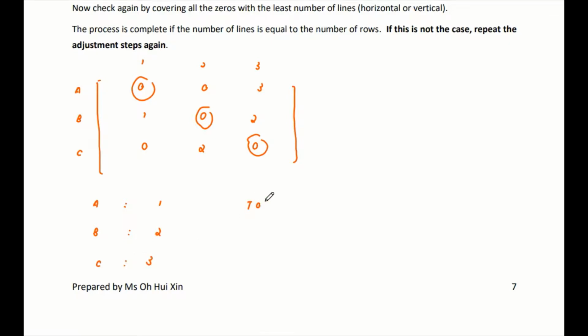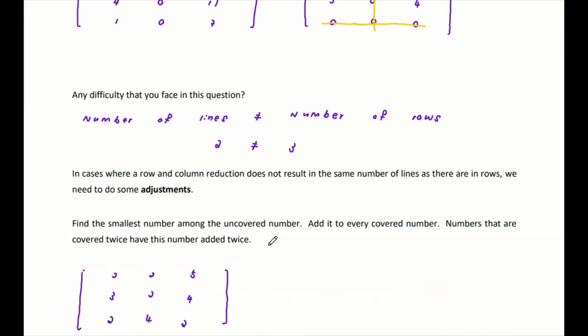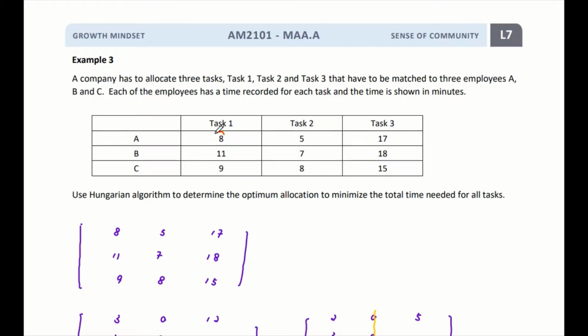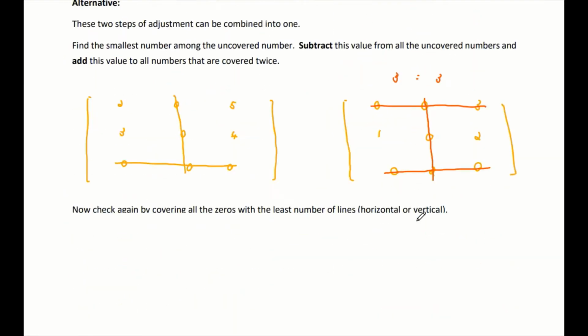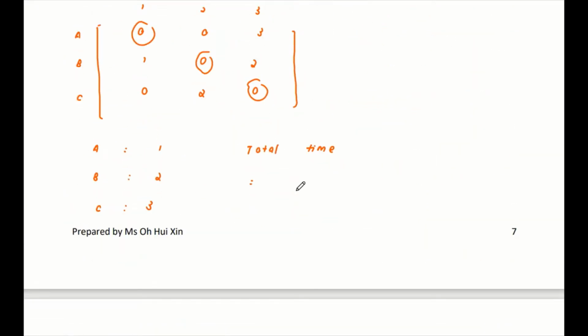And the total time that they need will be equal to, so you need to go back here. Which means just now it is this number, this, and this. Alright, so let's add them up together. So 8, 7, and 15. Okay, and the question is given in minutes, so in total you need 30 minutes to complete.